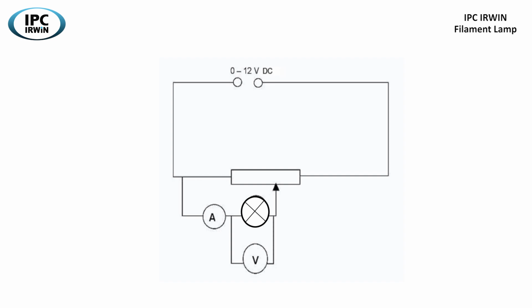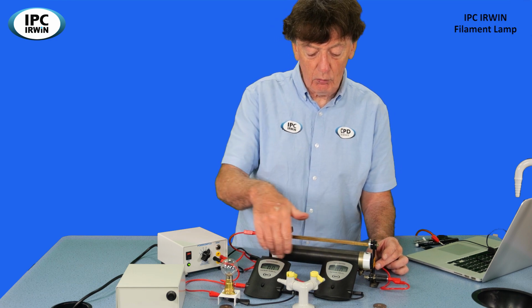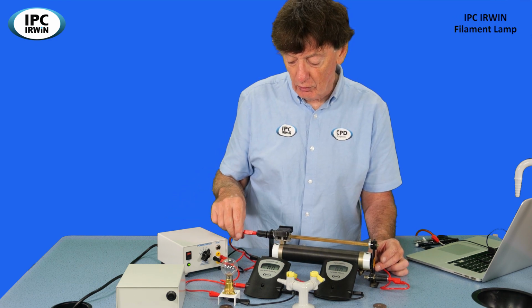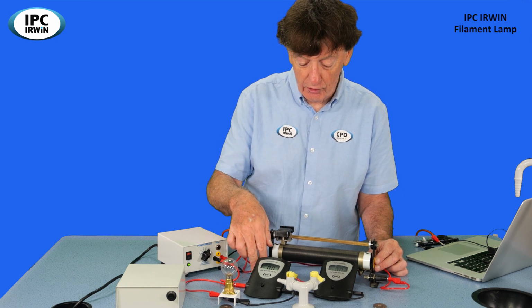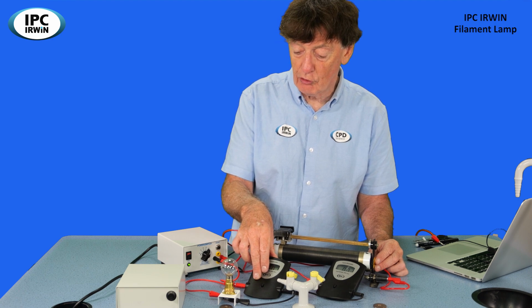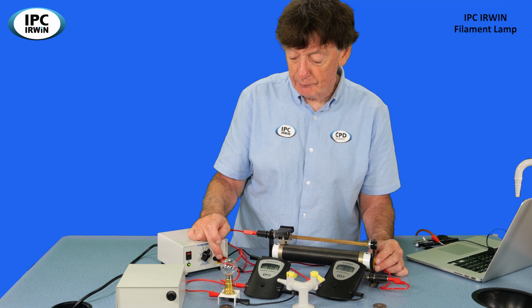So this is the circuit diagram, and you can see that all 3 connections of the variable resistor are used. We connect the 2 ends of the wire resistance coil across the power pack, and we take off the slider of the variable resistor through the ammeter, through to the voltmeter, which is still in parallel with the lamp, and then back to the power supply.